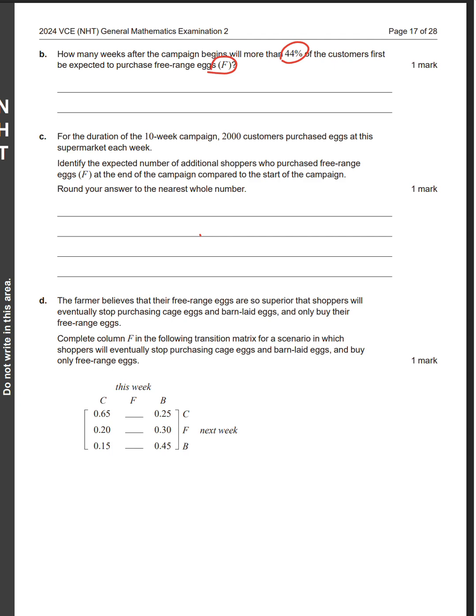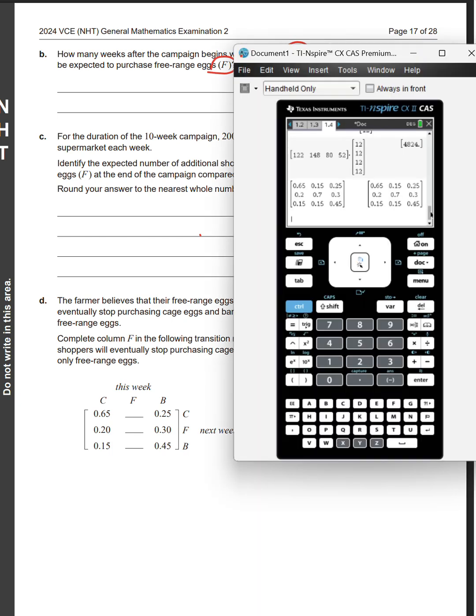customers first purchase free-range eggs? So, I'm going to start by putting in my S0 matrix. That is a 3 by 1, and it's 0.4, 0.4, and 0.2. Okay, now I'm going to set this up so that I can count as we go up.